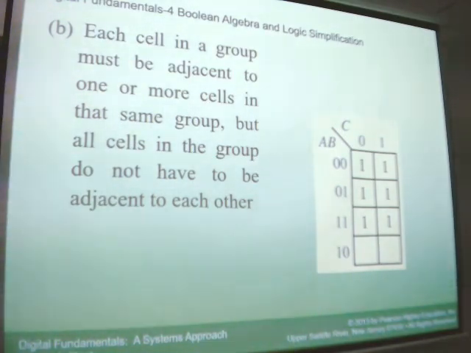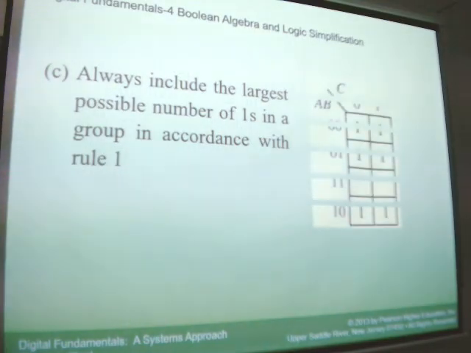It is obvious. And rule three always includes the largest possible number of ones in the group, in accordance with rule 1.